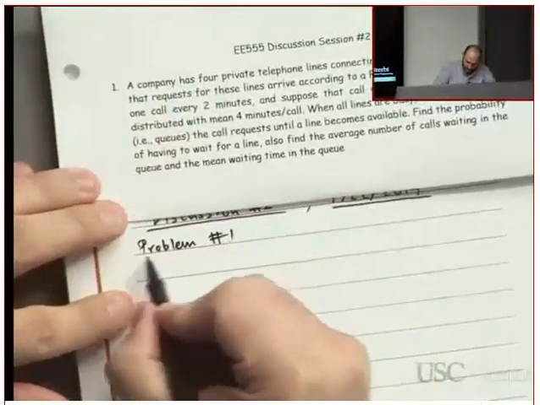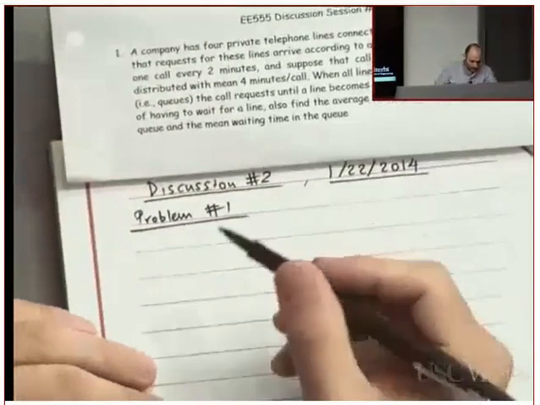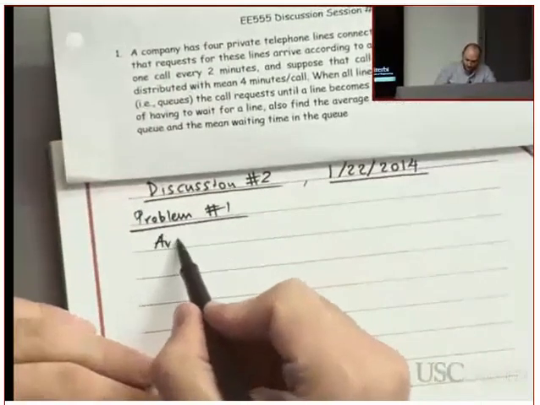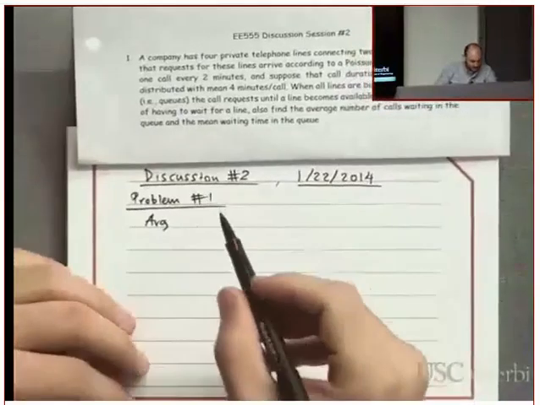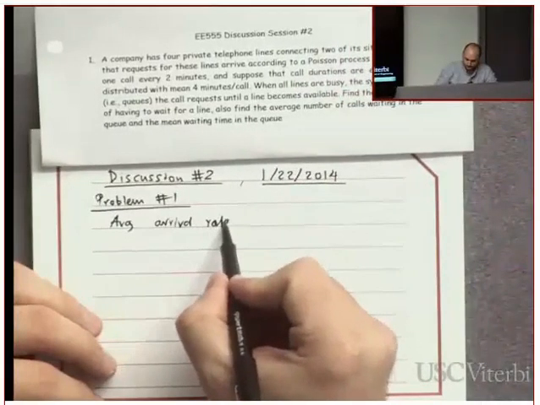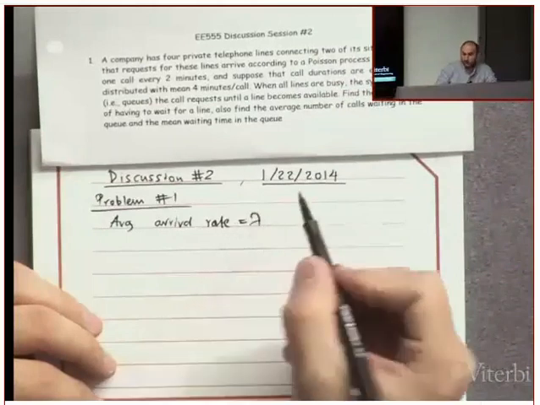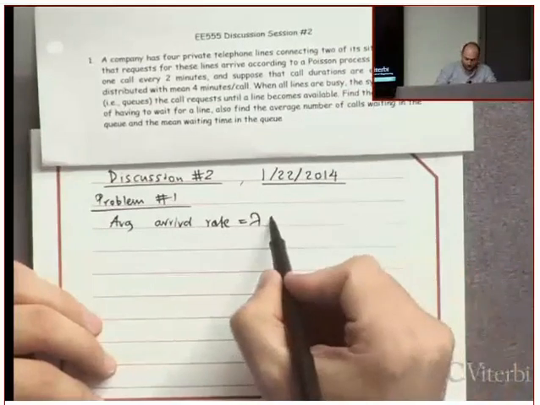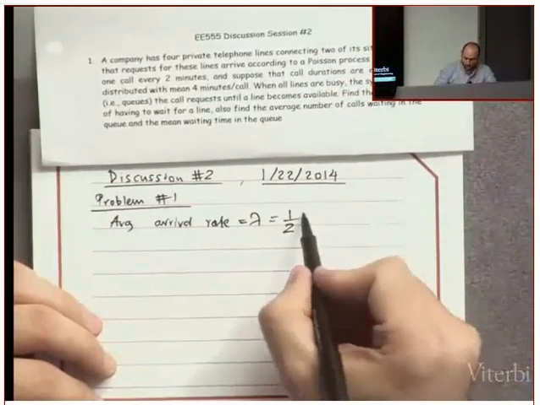Problem number 1. From what is described in the problem, the average arrival rate equals lambda by definition, and this is 1/2 calls per minute.